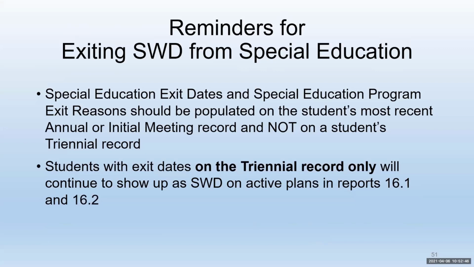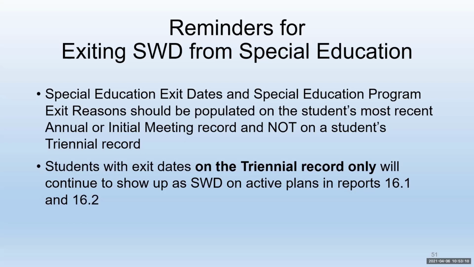Reminders for exiting students with disabilities from special education. You need to make sure that when you're populating a special education program exit date, meaning they're no longer eligible for services, you populate it on the annual or initial record.